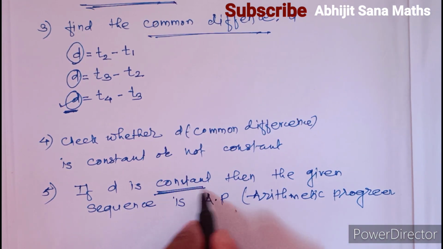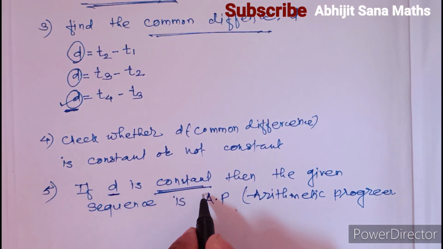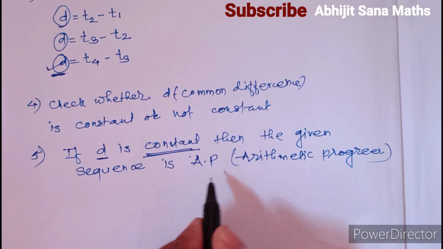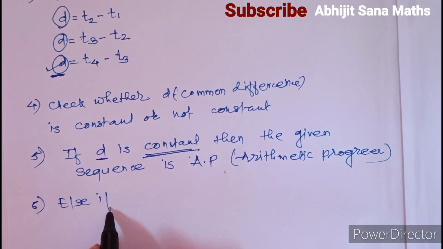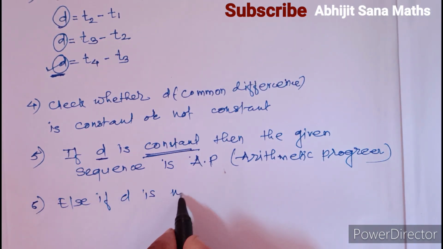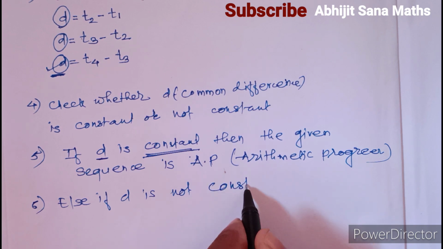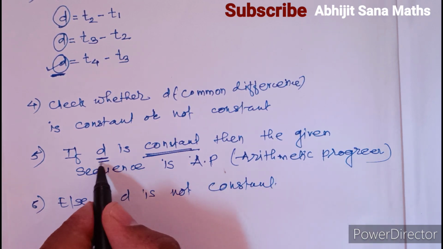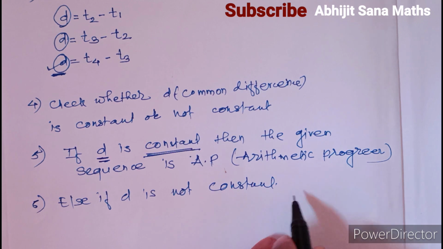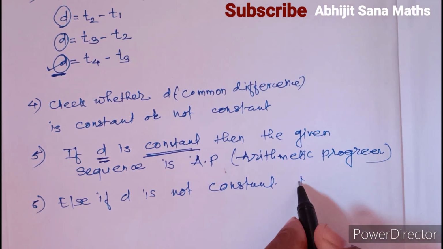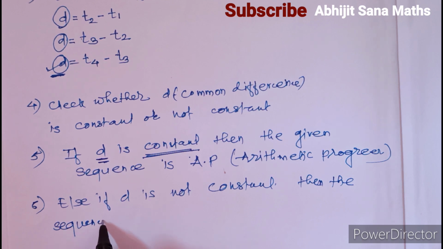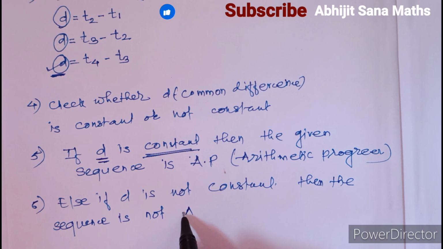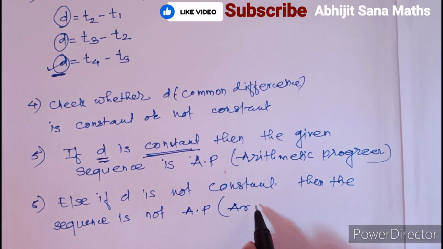Constant means the value of d is not changing. Else, if d is not constant, meaning the value of d is changing or varying, then the sequence is not AP, not an arithmetic progression.